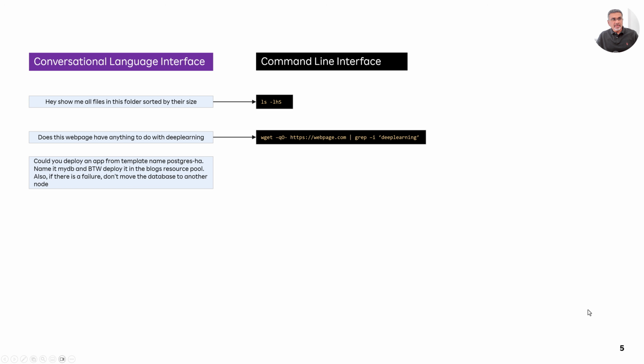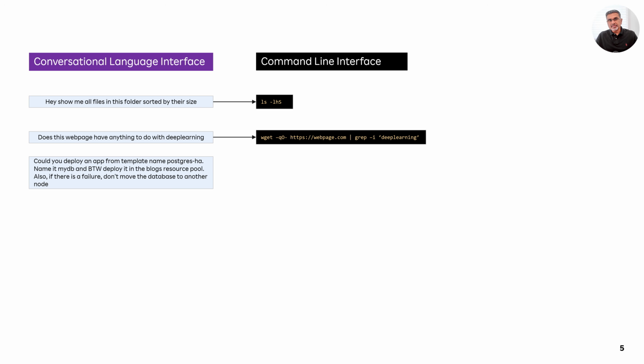Or more complicated, like for example, I was a founder of a company called robin.io, which was a cloud native platform where you could deploy really complex storage and network intensive applications. In that cluster, let's say you would like to deploy something by saying, hey, could you deploy an app from the template named postgres-ha, name it mydb, and by the way, deploy it in the blogs resource pool. Also, if there's a failure, don't move the database to another node.